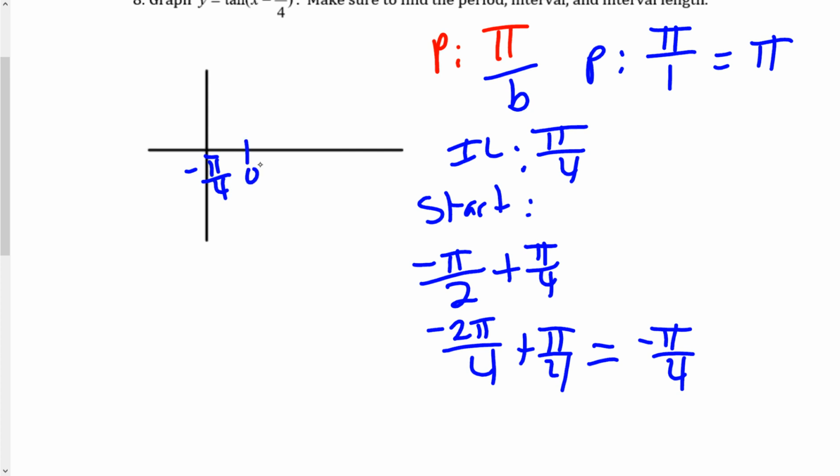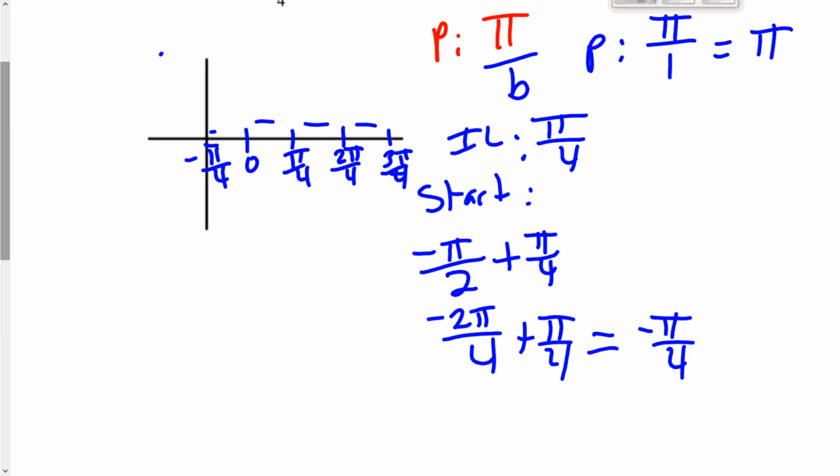So that'd be 0, that'd be pi fourth, that'd be 2 pi fourth, and that would be 3 pi fourth. And then if you take that distance, 1 pi fourth, 2 pi fourth, 3 pi fourth, 4 pi fourth, isn't that a distance of pi? So that's a distance of pi, right?